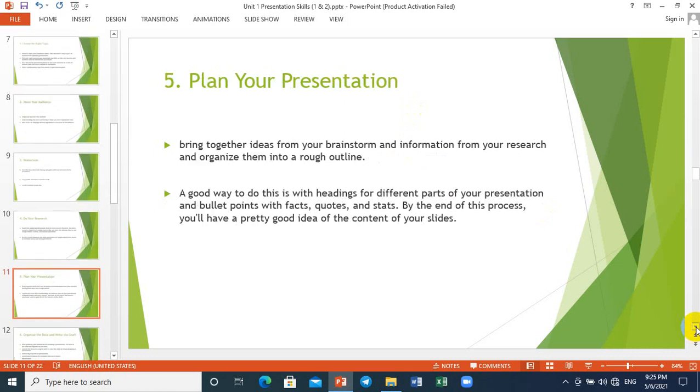Step 5. Plan your presentation. Bring together ideas from your brainstorm and information from your research and organize them into a rough outline. So we need to make an outline based on information that we get from brainstorm.